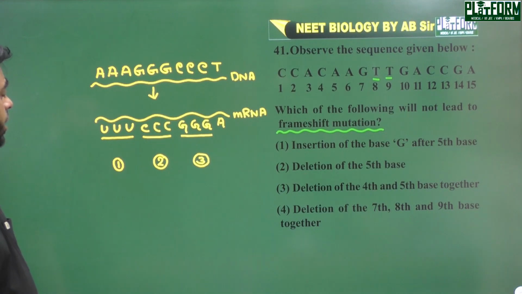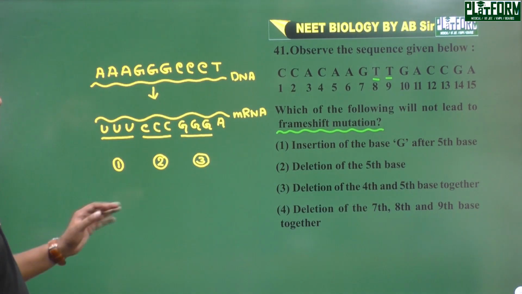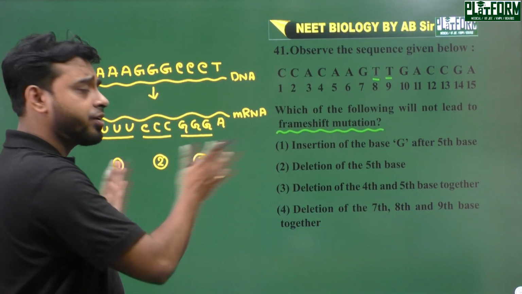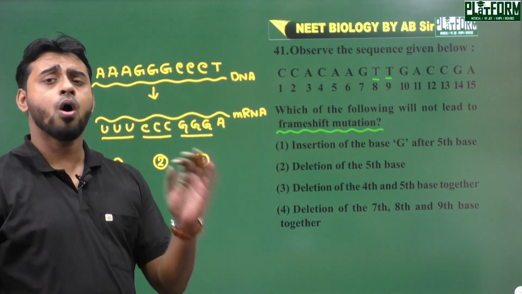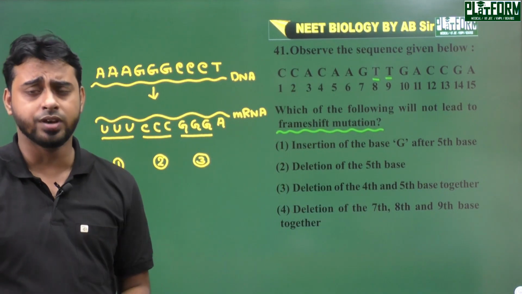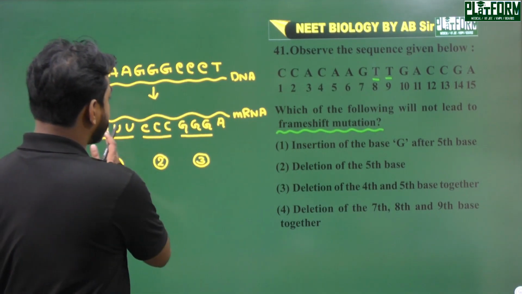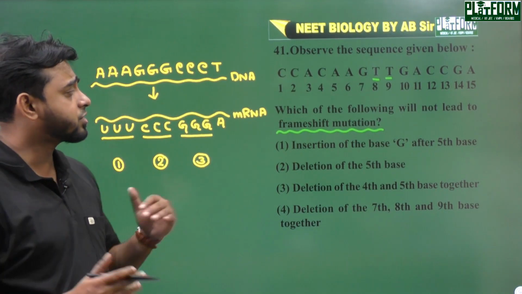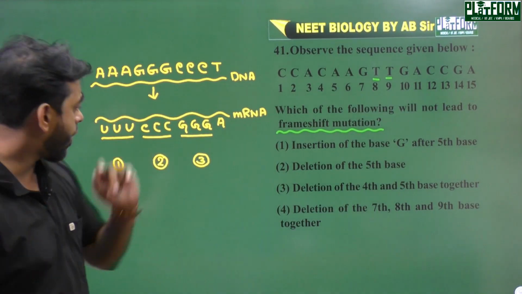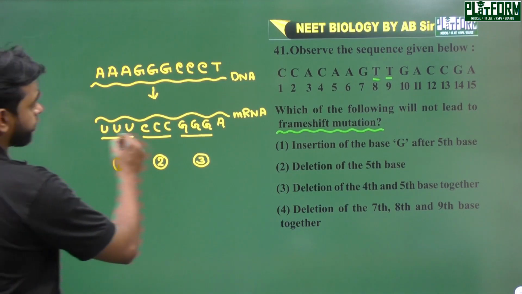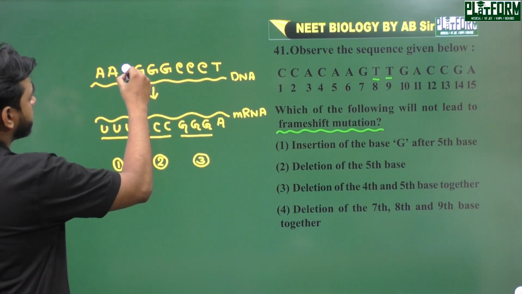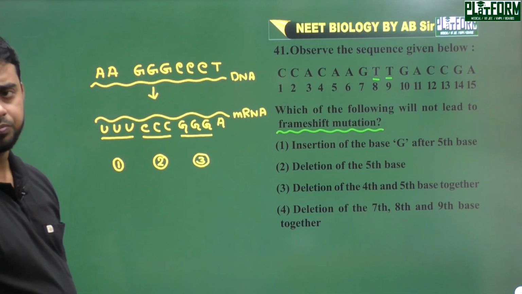Now, if we delete one nitrogen base from the reading frame, or if we add a nitrogen base in this particular sequence, there is a change in the reading frame, and this change in the reading frame is known as frame shift mutation. How is it possible? Let's assume from this DNA molecule, this A gets deleted.